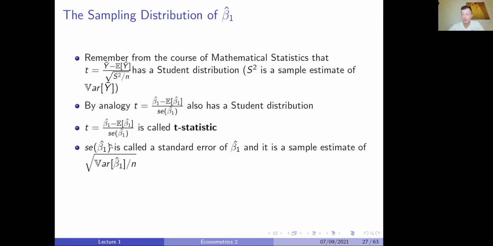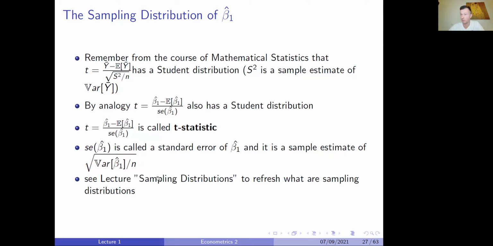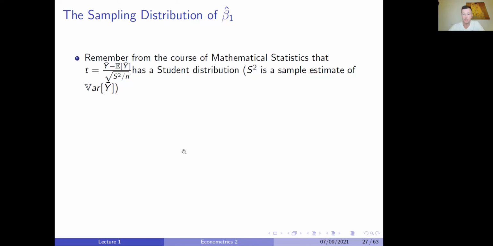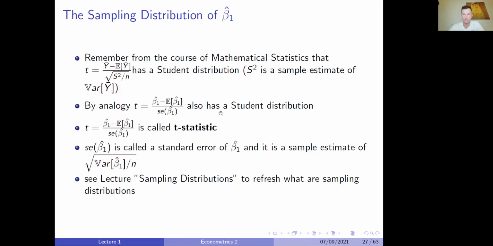And this SE of beta 1 hat is called the standard error of beta 1 hat, and it is a sample estimate of this expression, the square root of the variance of beta 1 hat over n. If you want to refresh your memory about sampling distributions, about the meaning of the t-value and what that is, I can refer you to the lecture Sampling Distributions in the Mathematical Statistics course.